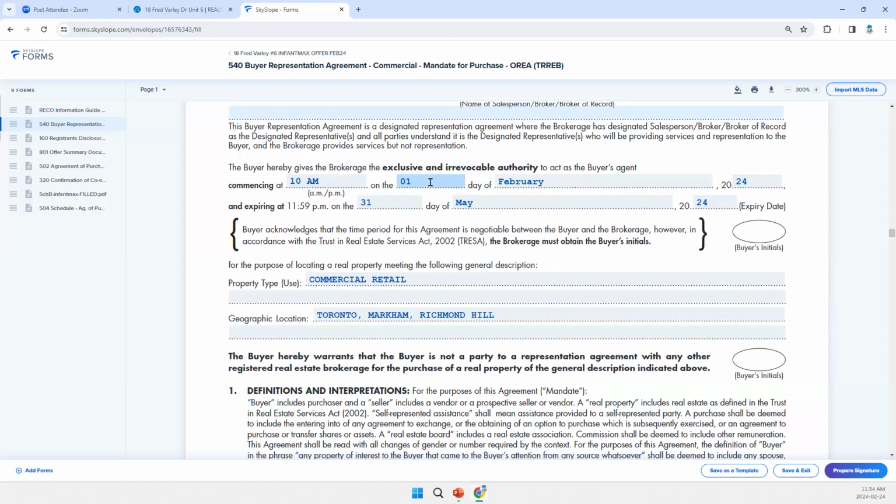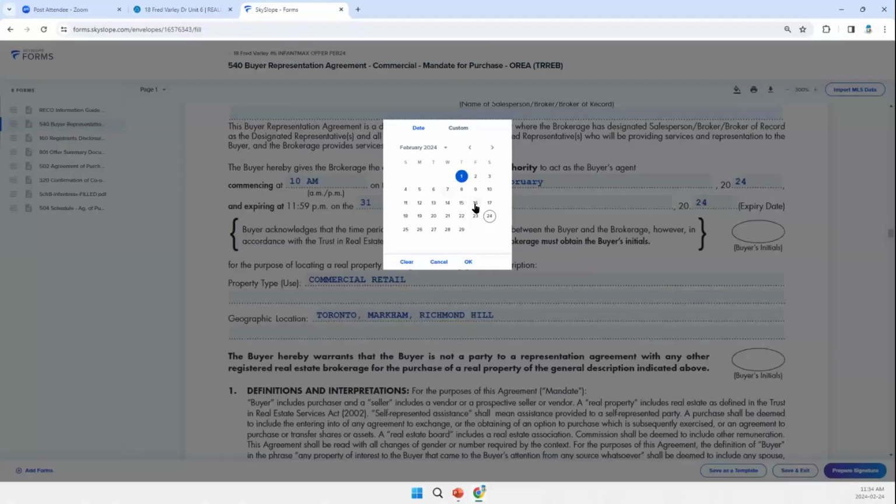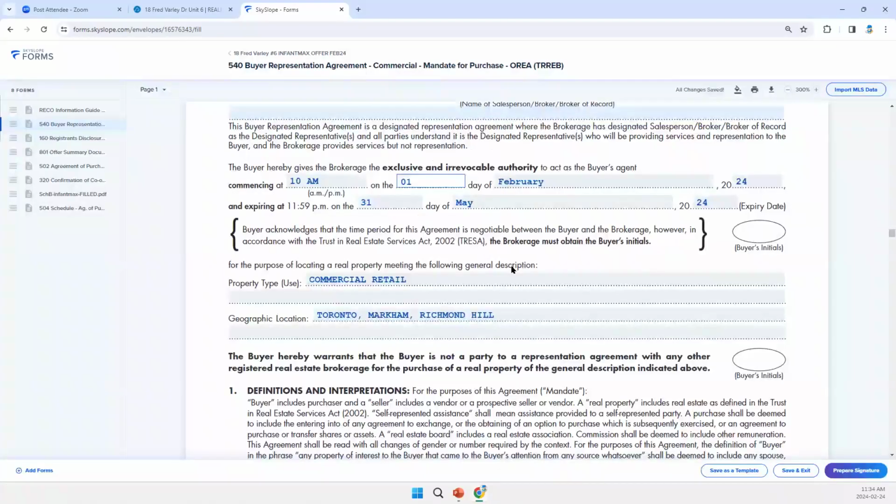If today you're going to make an offer, you want to put today as the commencing date. But let's say for commercial, you already spent almost a month with a client to find the place, then you put the first day of this month. Give it a couple of weeks to make this look better. Of course, you have to agree with that.